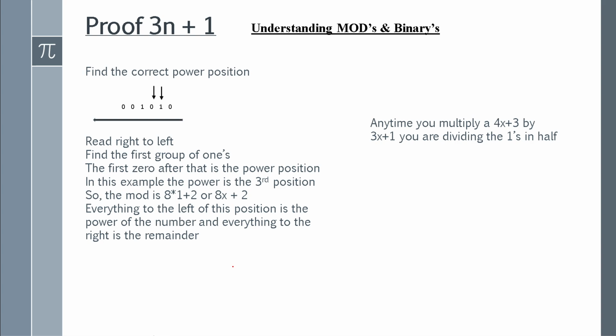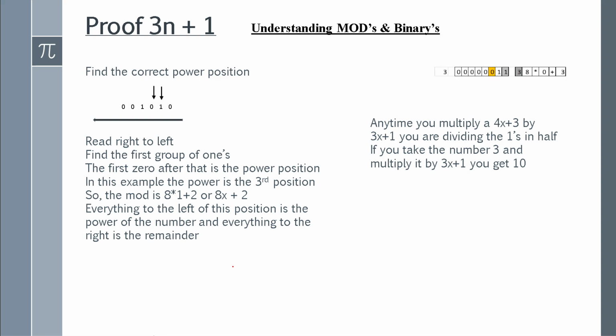Anytime you multiply a 4x plus 3, so a 3 mod 4 number, you're dividing a 1 from that number and moving it to the left side of the number. So if you take the number 3 and multiply it by 3x plus 1, you get 10.